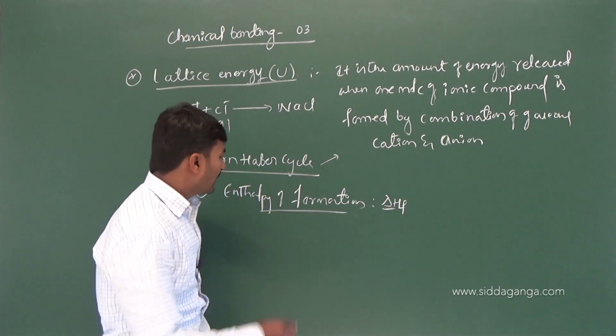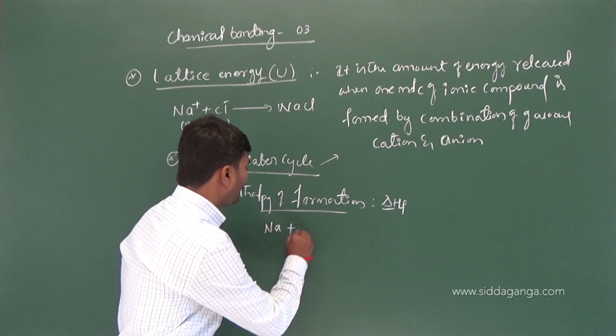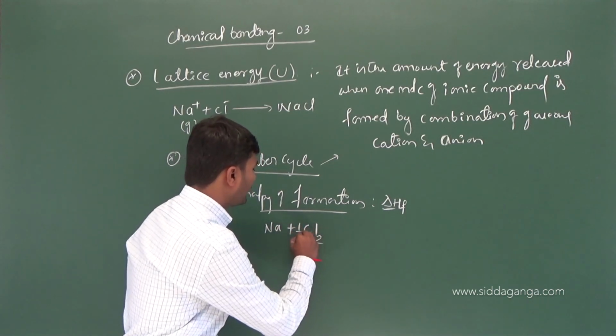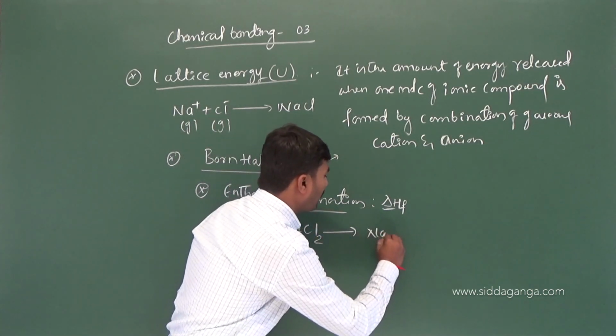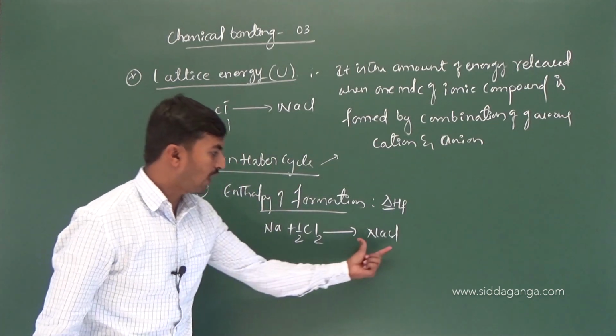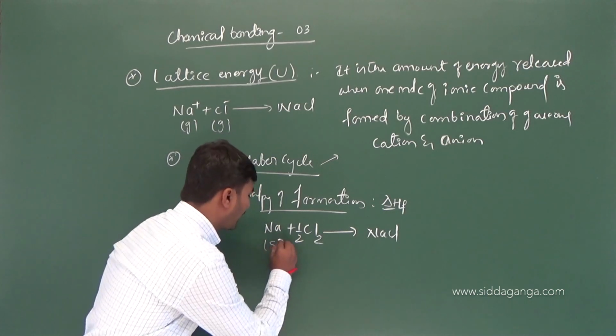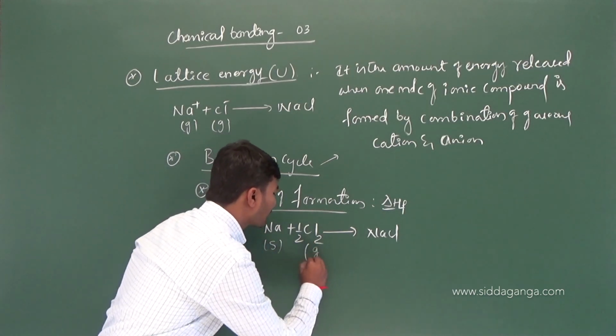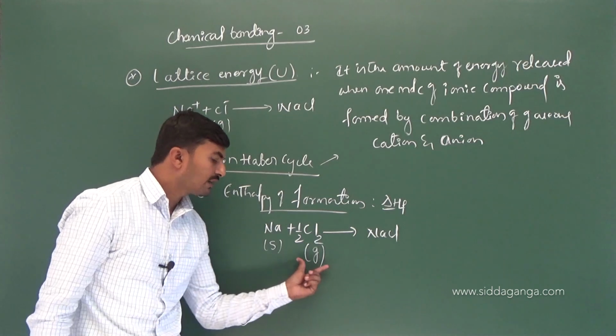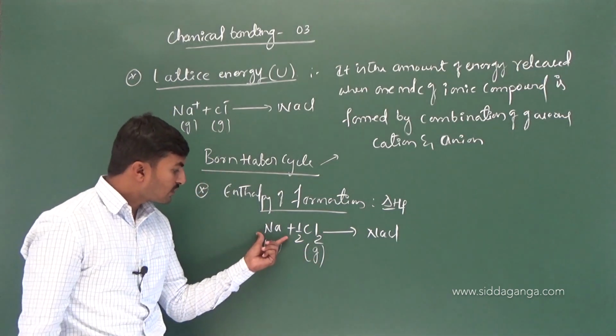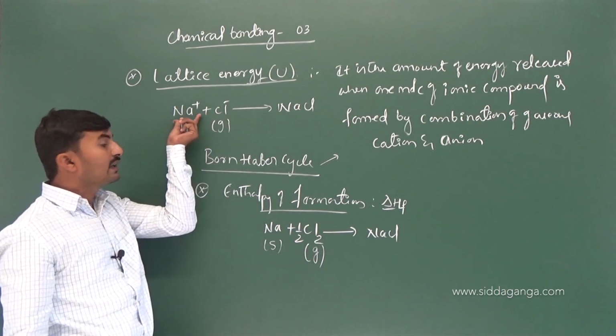Enthalpy of formation is when 1 mole of ionic compound is formed from its elements in their pure and stable state. Here sodium does not exist in a Na plus state.